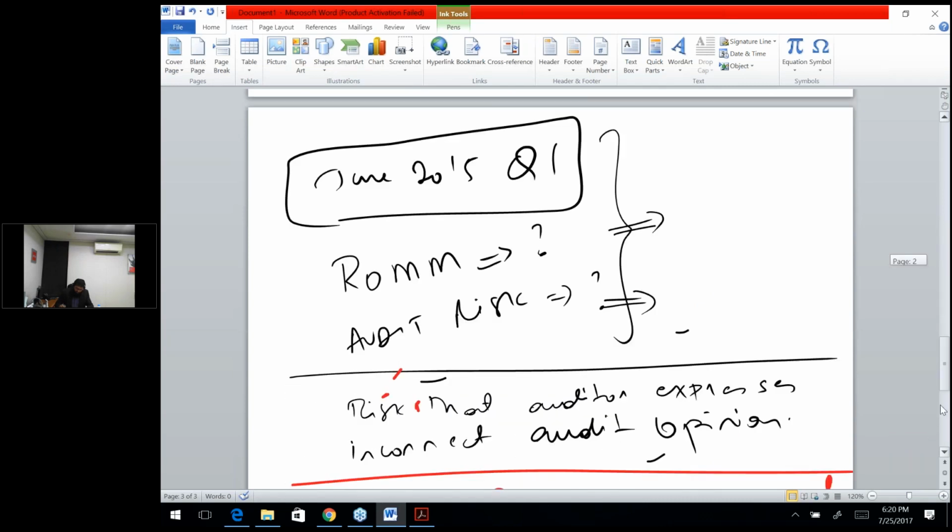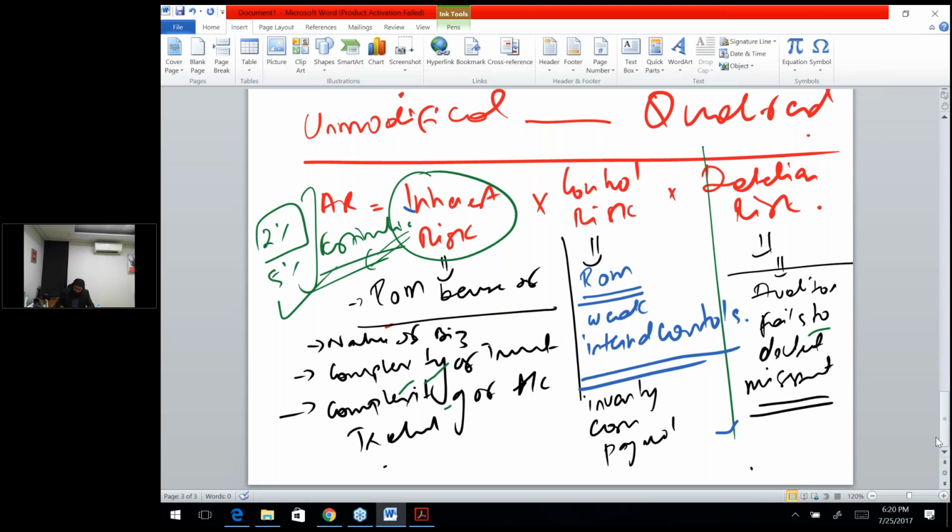Anyways, so we talked about this is what the detection risk is.